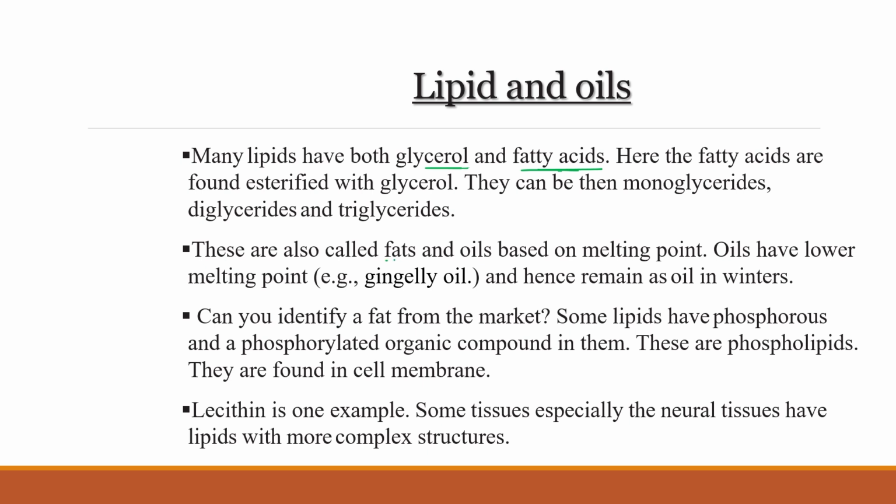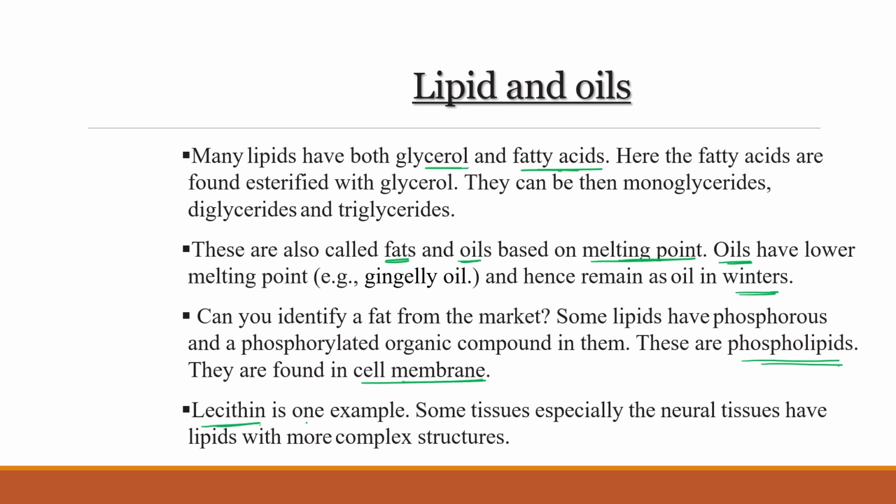These are also called fat and oil on the basis of their melting point, as oils have low melting point, like gingelly oil, and hence remain as oil in winters, right? Some lipids have phosphorus and a phosphorylated organic compound in them. These are phospholipids, and I already told you phospholipid is a main content of the cell membrane.